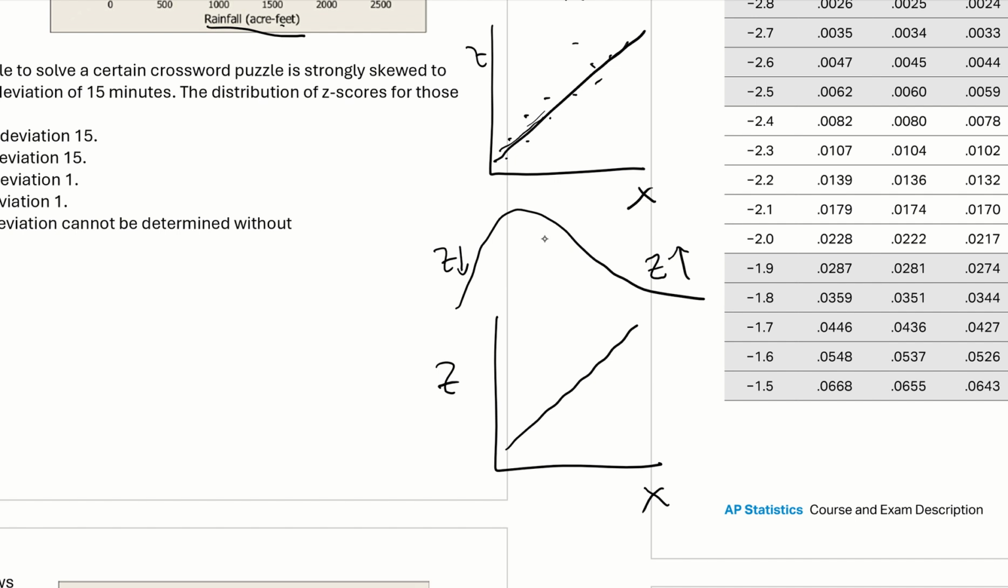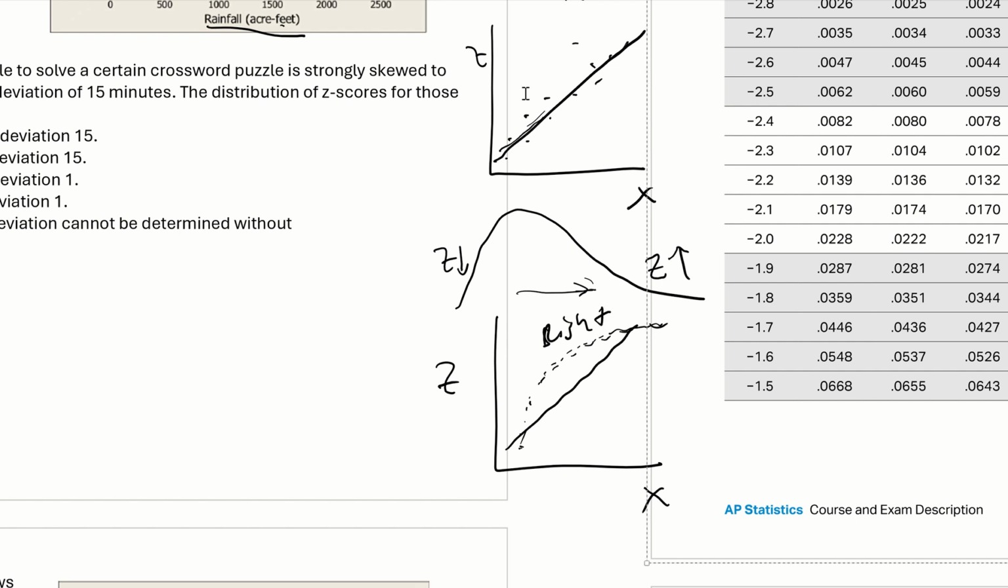You're going to have fewer of the low ones and more of the high ones. So as you proceed, it's increasing in z-score faster, and it's going to have this kind of curvy nature. That's how it looks if it's skewed to the right.